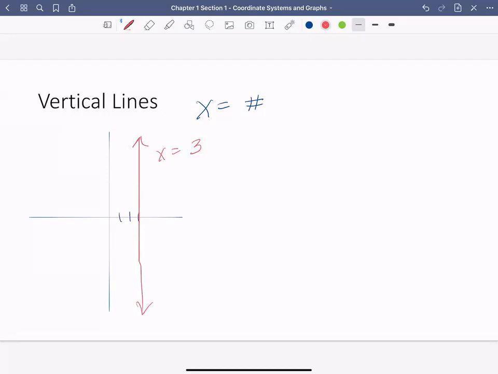Let's say I had to graph the line x equals -4. When I go over 1, -2, -3, -4. I just missed that mark, didn't I? Let's fix that and say it's like this. And that would be x is -4. So a vertical line is x equals some number.